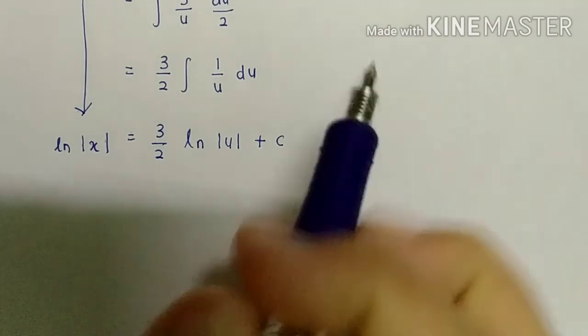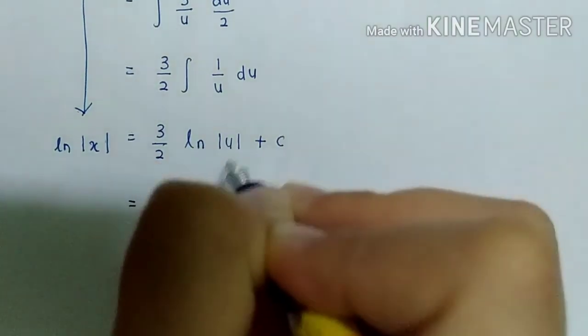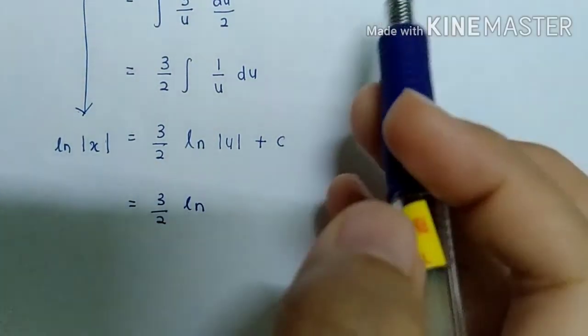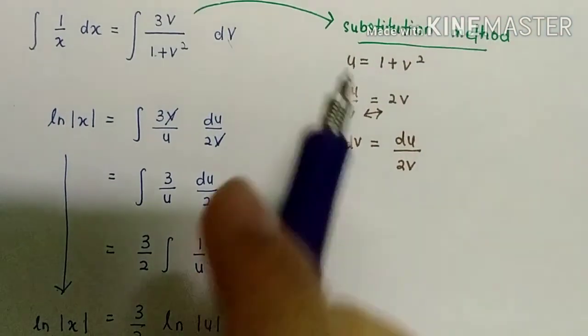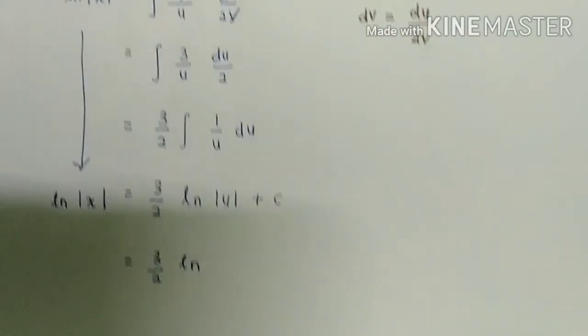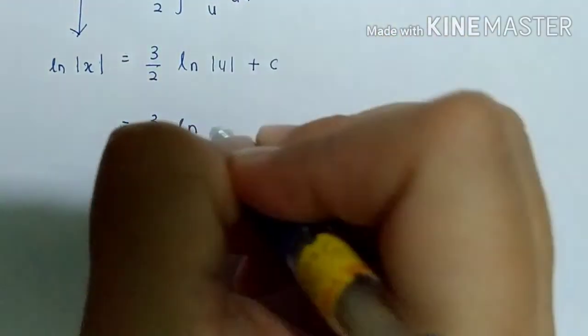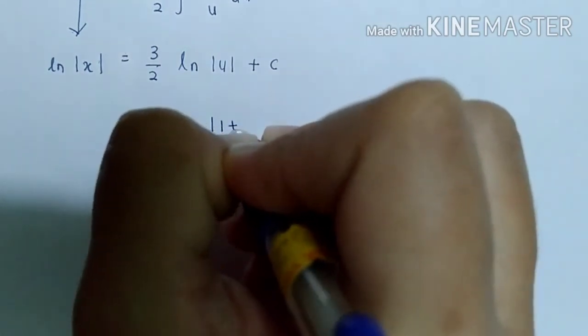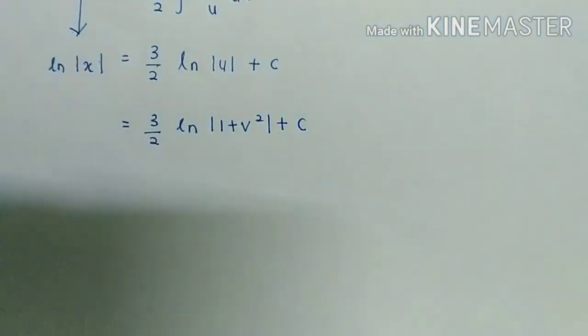Okay, and then next step, we substitute back our u here. Just now our u is 1 plus v squared. So we have 1 plus v squared plus c.